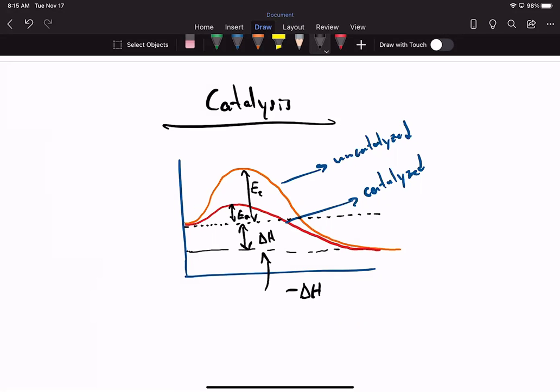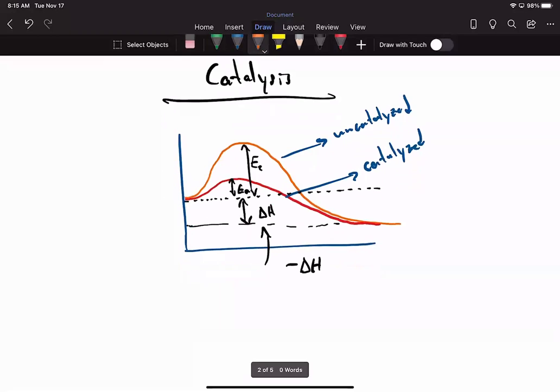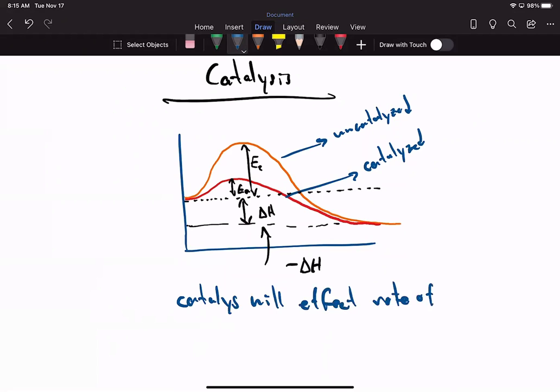So catalysts affect the rate of the reaction. So a catalyst will affect the rate of reaction.